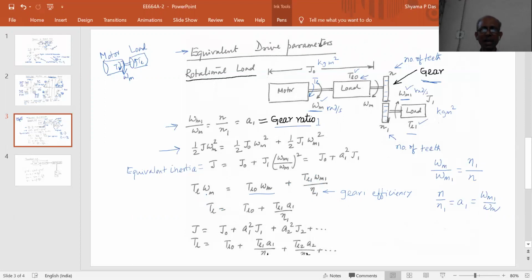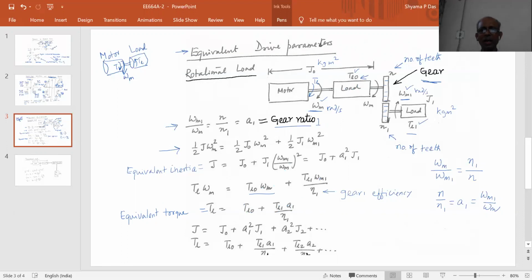If we divide the left hand side and the right hand side by omega m, what we get is the equivalent load torque, the equivalent torque of the motor, equal to TL naught, the torque of load 0, plus TL1 into A1 divided by eta 1.